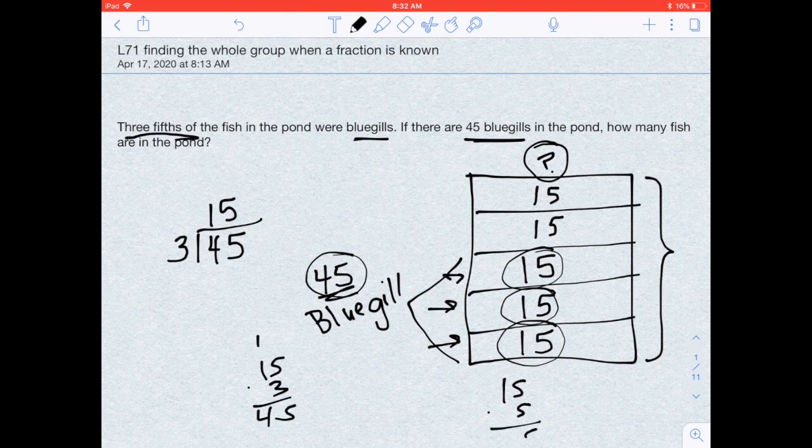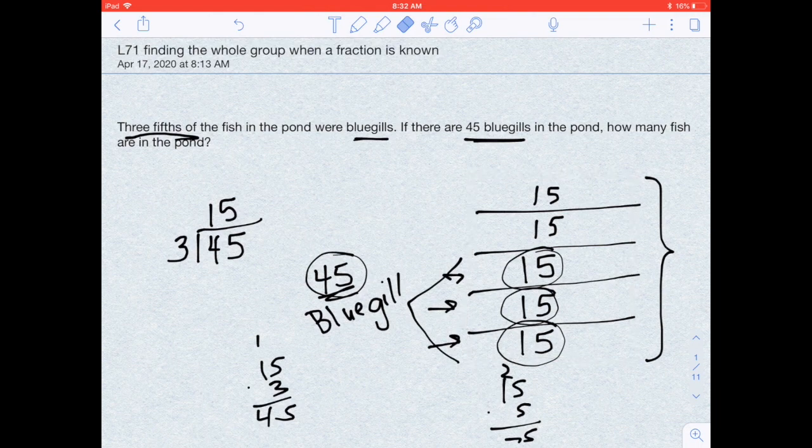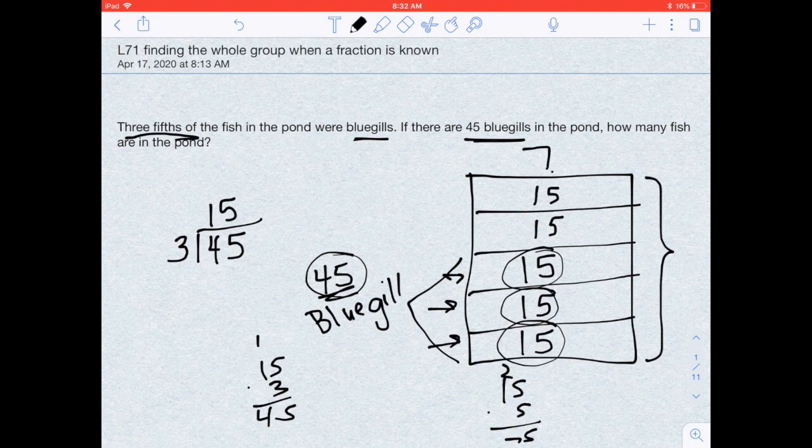And that's going to give me 75. So I can say that there are 75 fish. And I can double check that because 15 times 5 is 75, right? So I'll say 75 fish were my total in the pond.